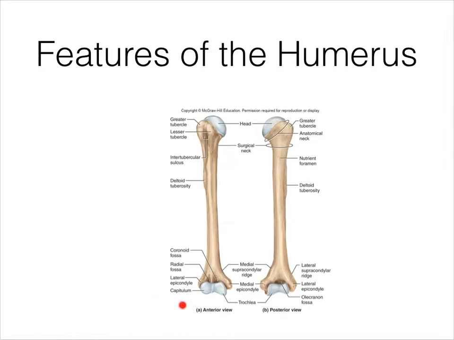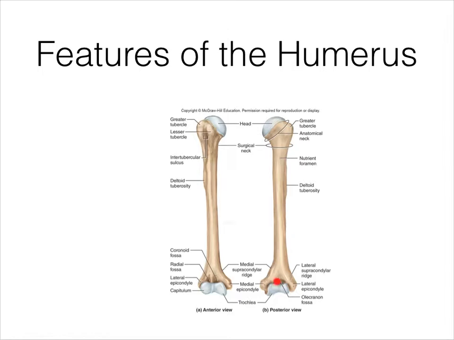Down here at the bottom, we got lots of stuff going on, right? So we have two articulatory surfaces, the trochlea and the capitulum, and we have three fossa, right? So here we have the coronoid fossa, here we have the radial fossa, and here we have the olecranon fossa. And all three of these are fossas that things fit into, and all of them are named for the thing that fits into them.